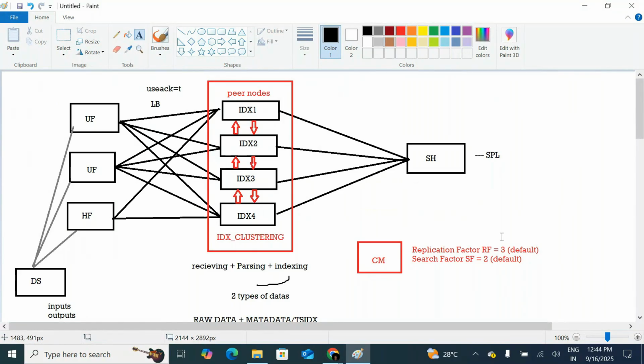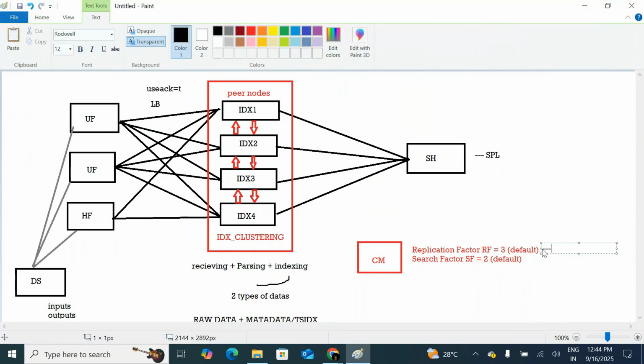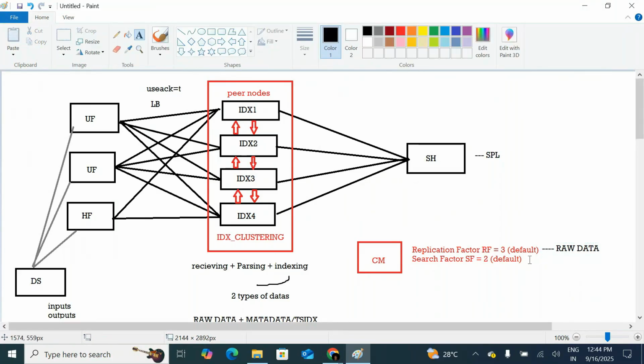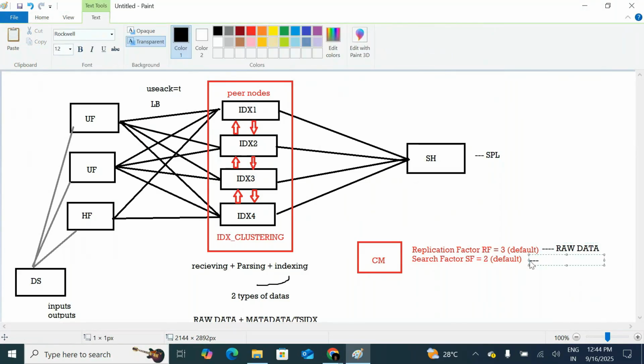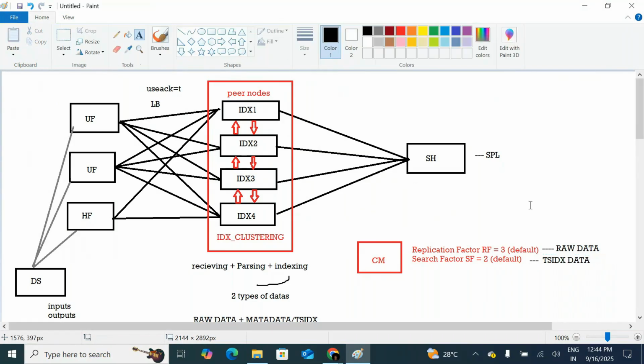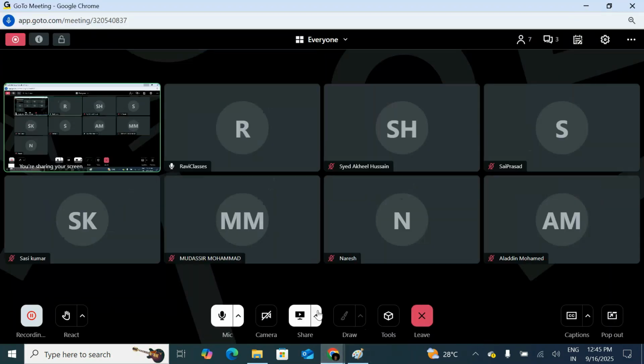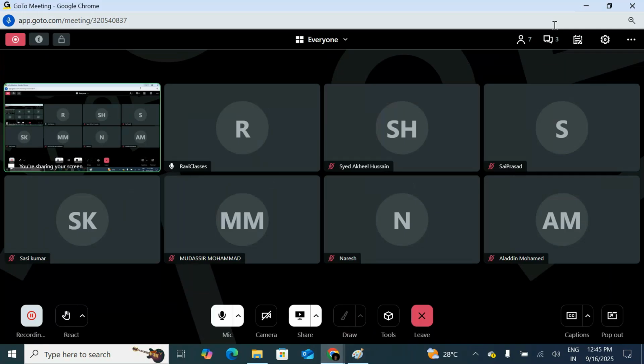Replication is the raw data copy, whereas search factor is the metadata copy, the TS-IDX files. TS means time series index data. Understand or not? Online people, understand or not? Yes, sir.